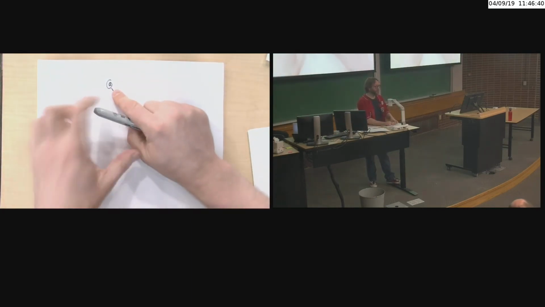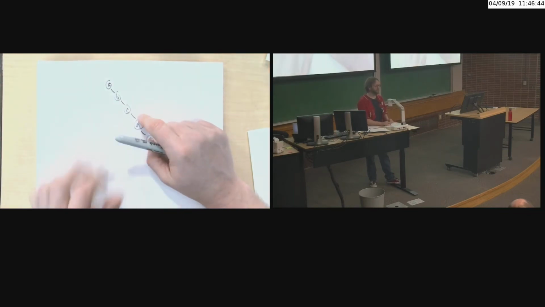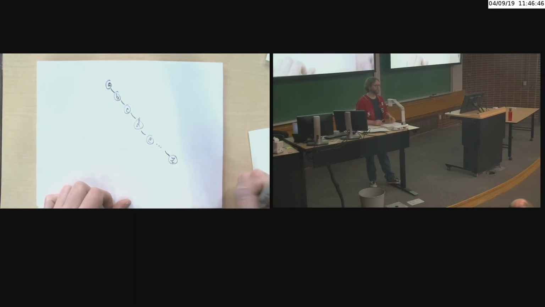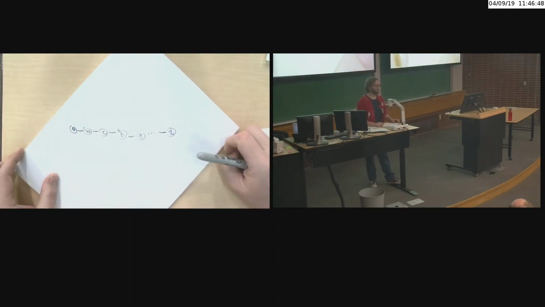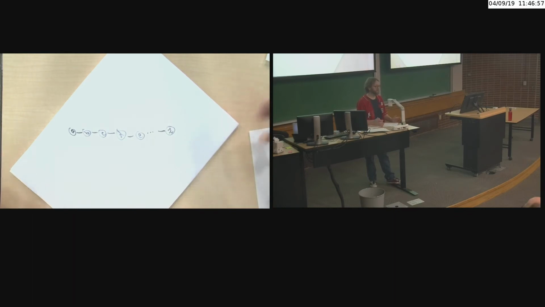A has no left child. Likewise, B has no left child. Likewise, C has no left child, et cetera. What is this thing? It's a chain. What did we call those things? It's a linked list.